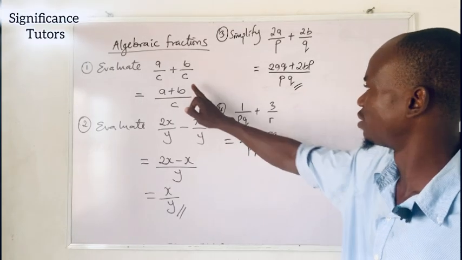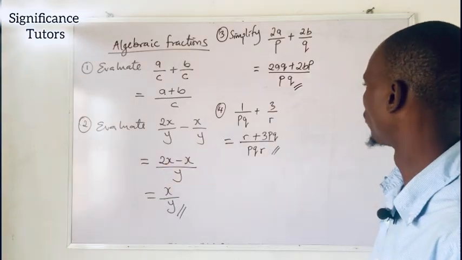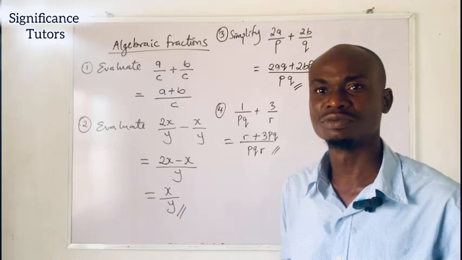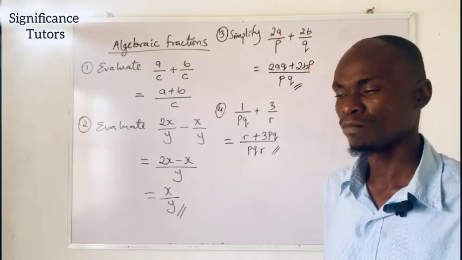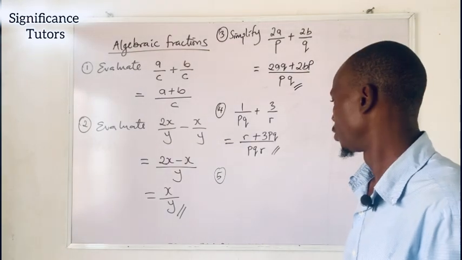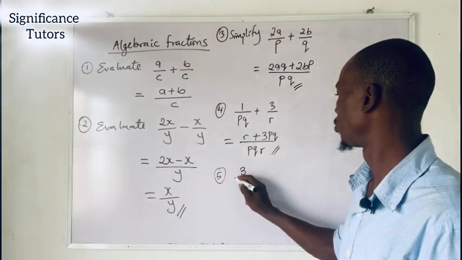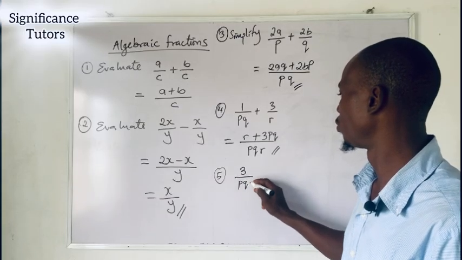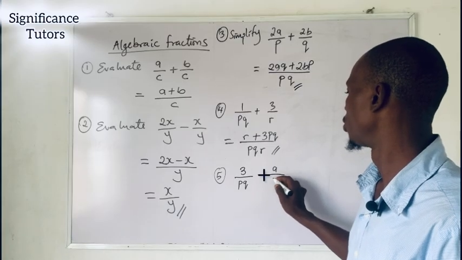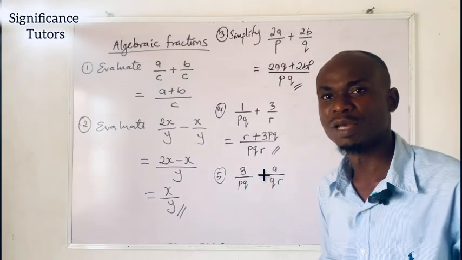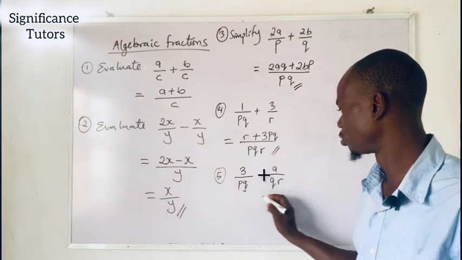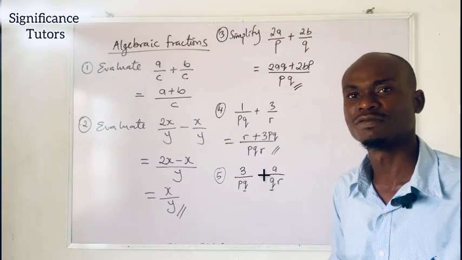So we have just looked at the same denominators and different denominators. Then we can have different denominators with repeating factors. It's better to write an example to explain that. So I have 3 over pq minus a over qr. What do I mean by repeating factor in the denominator? Q. That's what we mean by repeating factor.